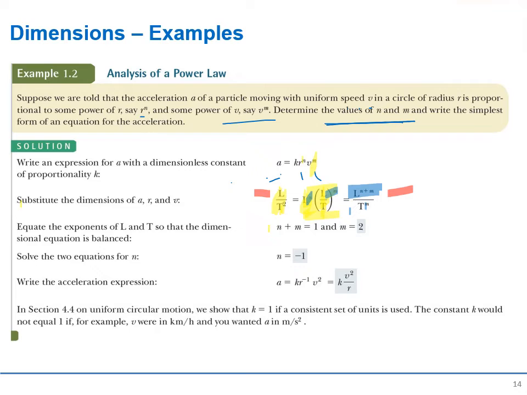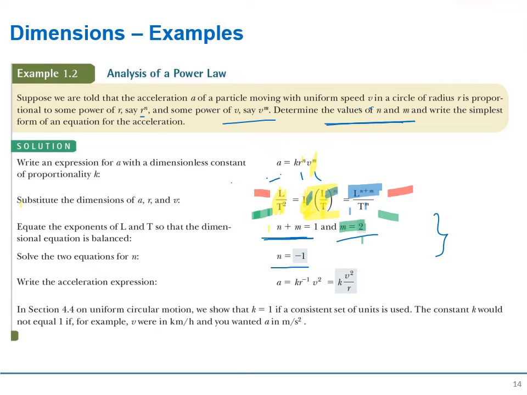And t on one side has power 2, and on the other side has power m, so m will be equal to 2. Okay, so you got the value of the constant m, and when you plug this m value into this equation, you can find the value of the constant n also.